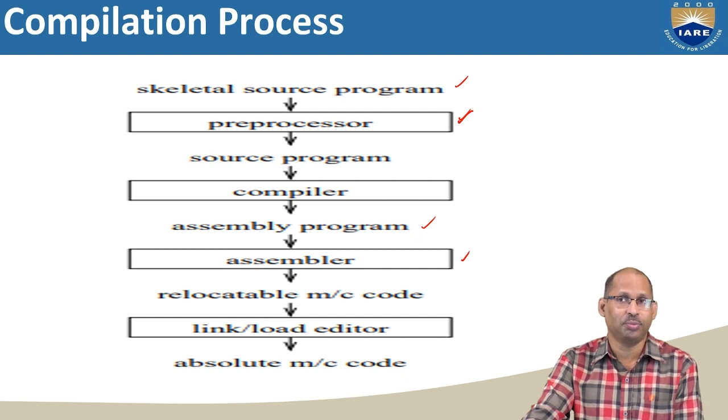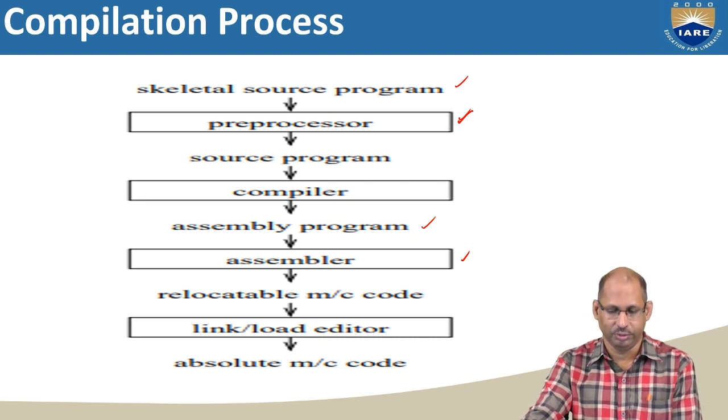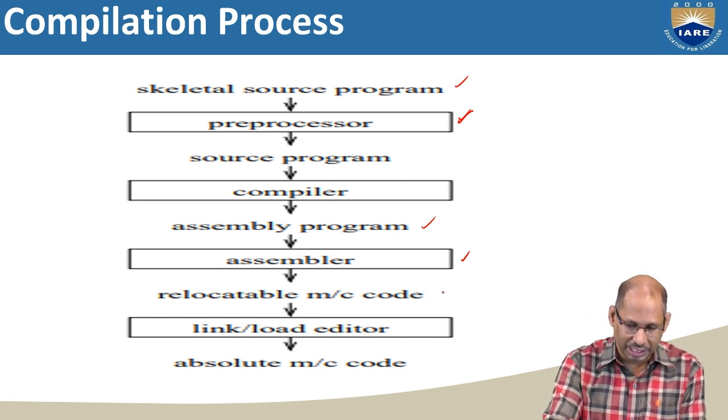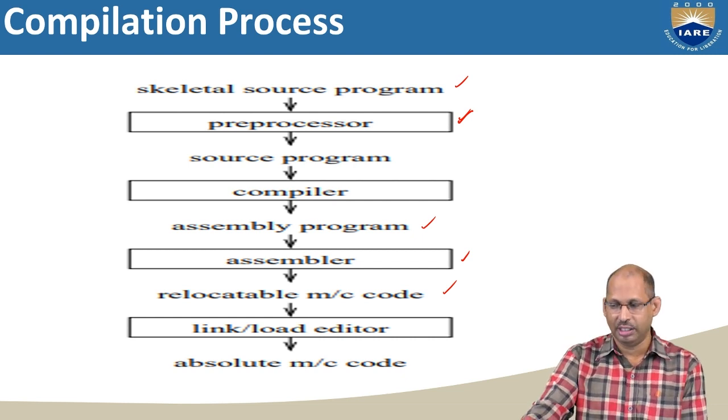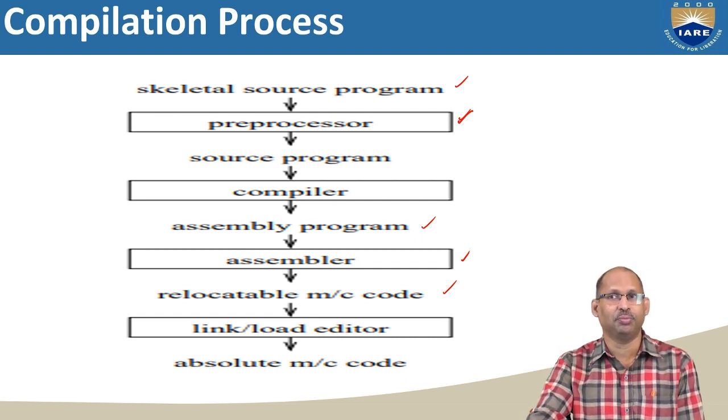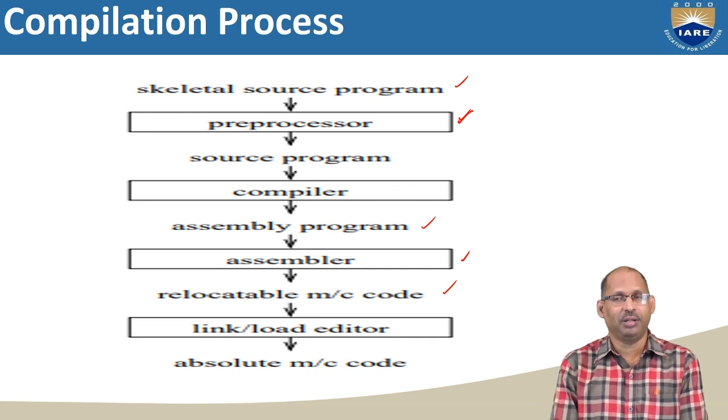The assembler converts this assembly program to relocatable machine code. So the output of the assembler is relocatable machine code.